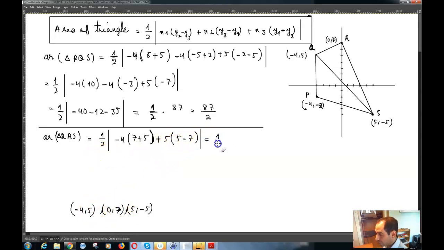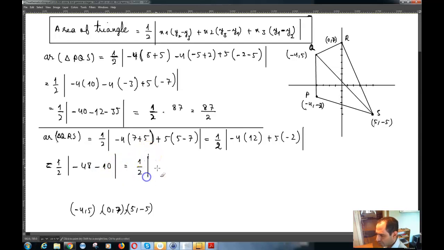So this is equal to 1/2 times negative 4 times 12 plus 5 times negative 2, which is 1/2 times negative 48, negative 10, so 1/2 times the absolute value of negative 58.